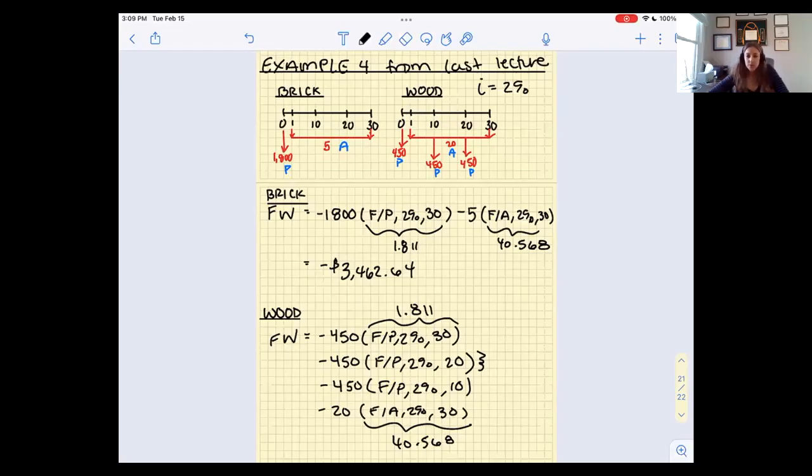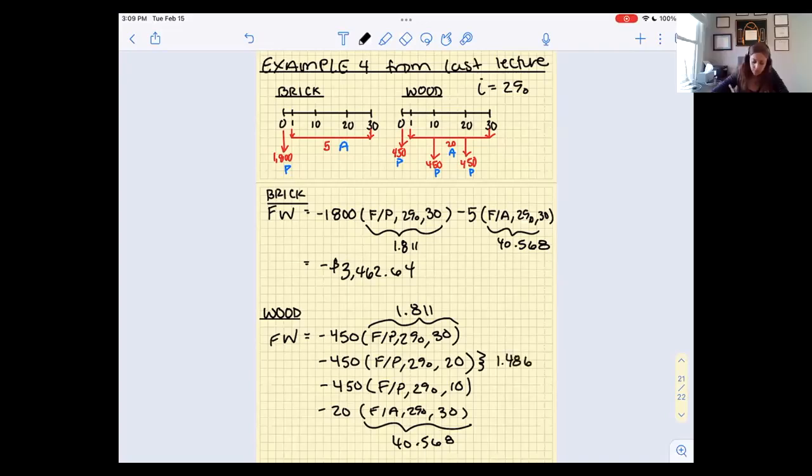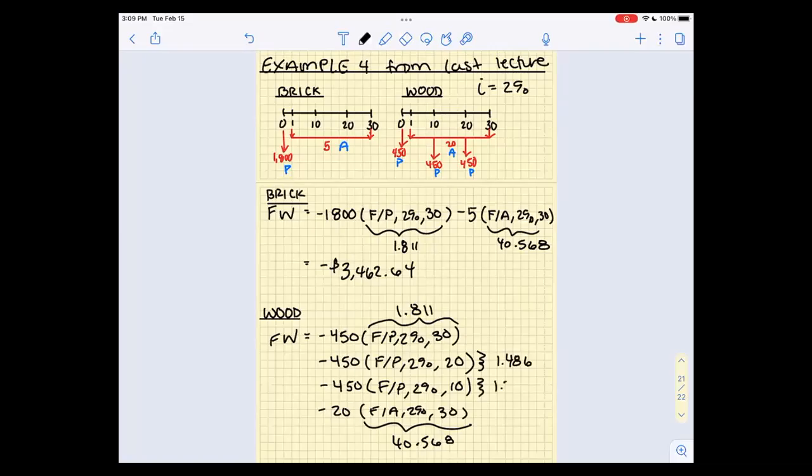F given P, 2%, 20, what do you get? 1.486. F given P, 2%, 10, what do you get? 1.219. And what do you get for the total?